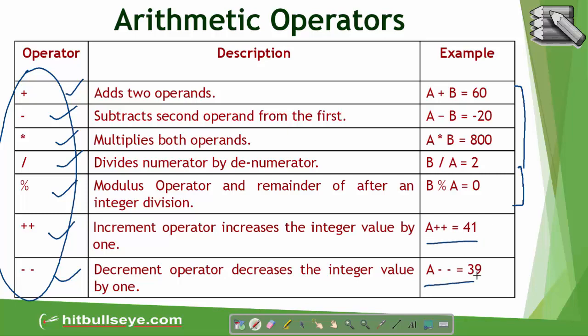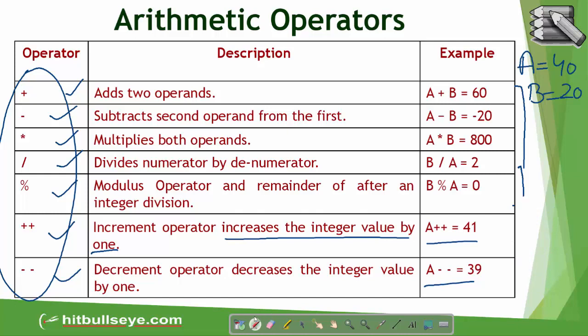Increment and decrement operators. For example, we can say that a has a value 40 and b has a value 20. Right, so the increment operator increases the integer value by 1. So here the value of a is 40, it increases the value by 1 and it becomes 41.